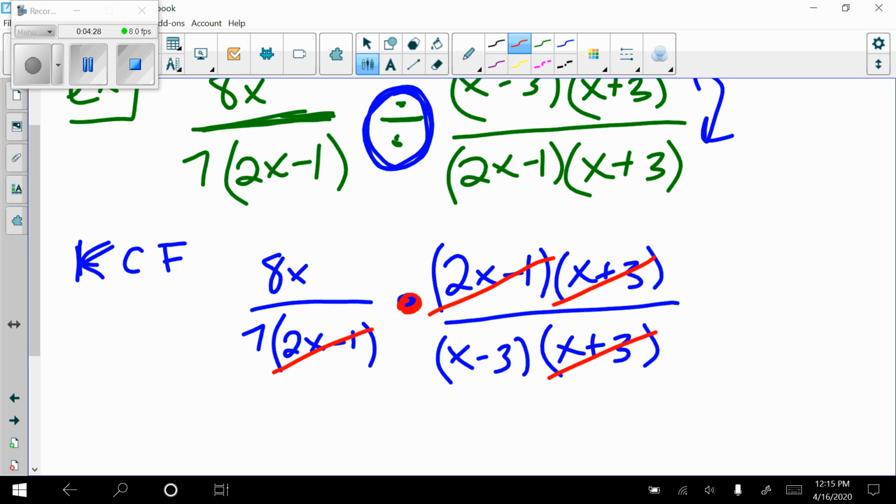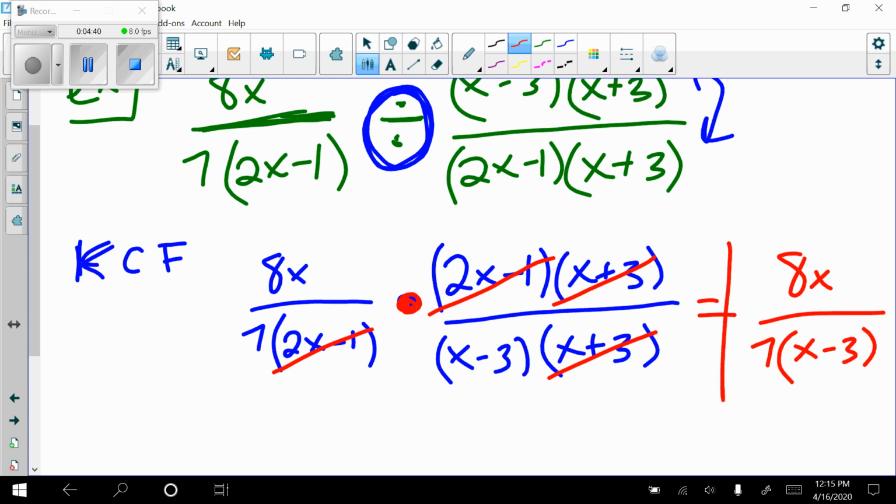So again, because now we're multiplying, all I have to do for the answer is just write what's left. So on top, it's the 8x. At the bottom, there's still the number 7 by itself, but then there's also that x minus 3. And then this is just my answer. So whatever numbers are left so you don't cross them off, that's just what your answer is. So this is my answer for this first example.